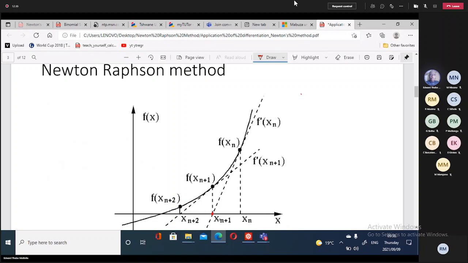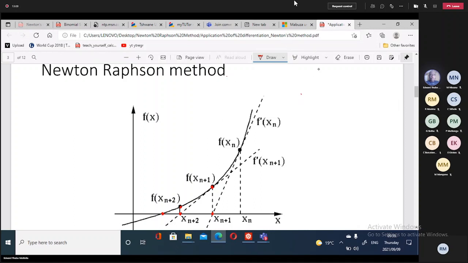This point will be x at n plus 1. We plot another tangent line at that point, and where it meets the x-axis, we plot another. If I were to take another tangent line here, it will be close to the x-intercept here. So taking those tangent lines until you reach a solution, that's basically what we do with the Newton-Raphson method.